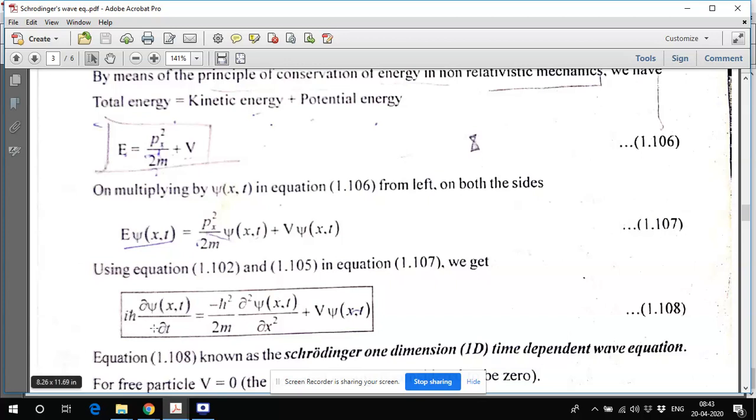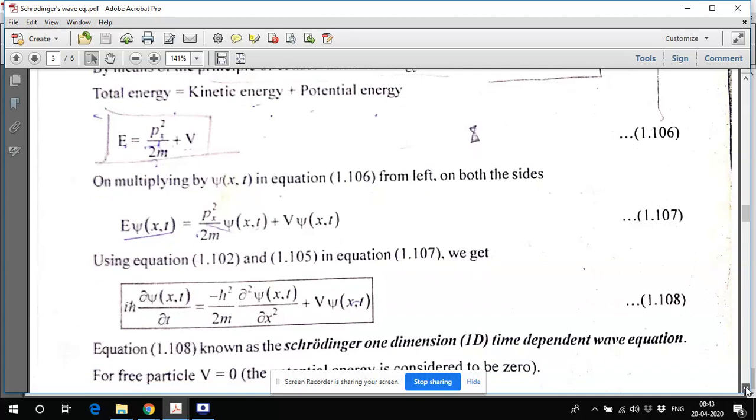And reminding you, this x is there only, so that's why this is known as the Schrodinger equation in one dimension. Number two, this also contains time. So this equation is also known as the one-dimensional time-dependent Schrodinger equation. Repeating again, one-dimensional time-dependent Schrodinger equation.